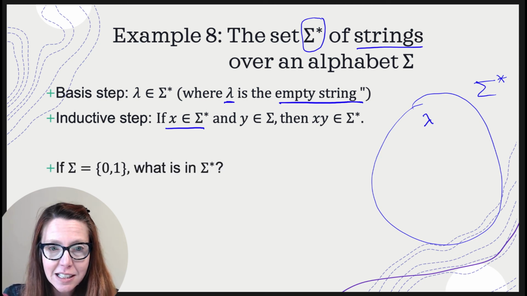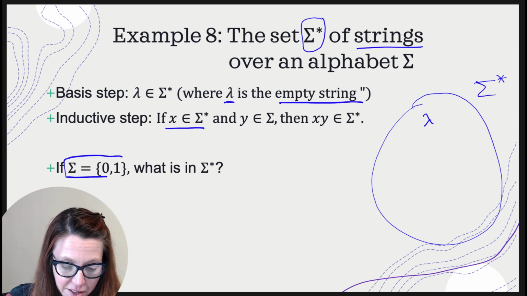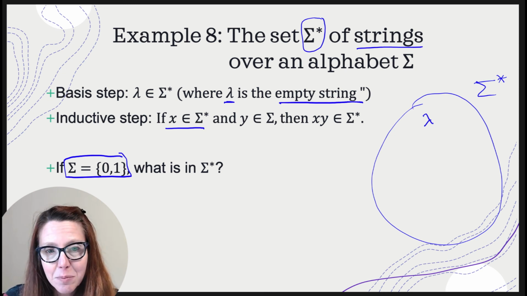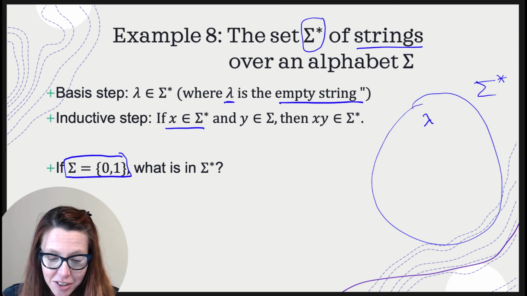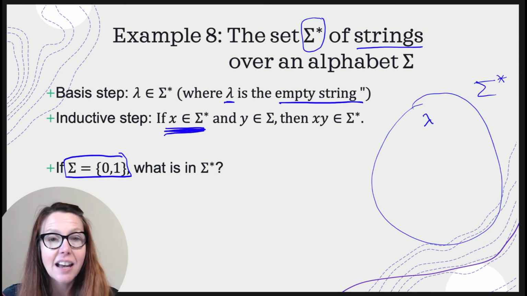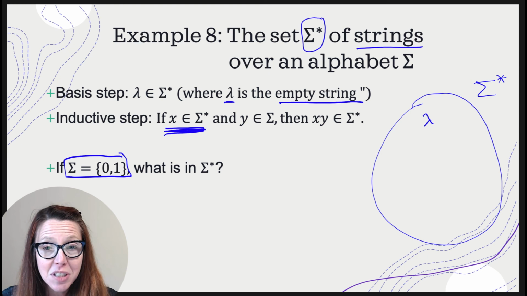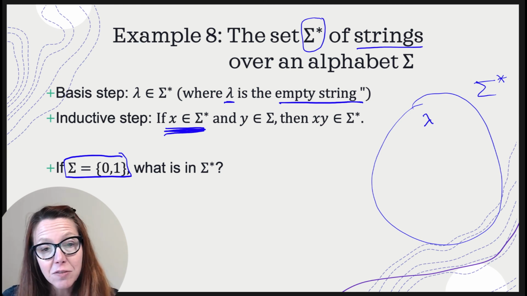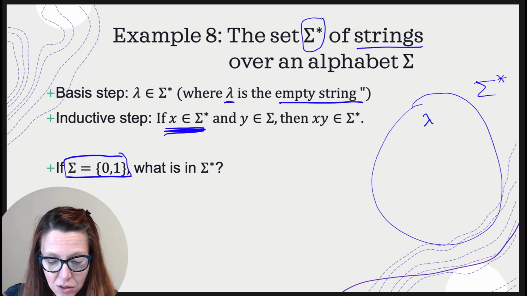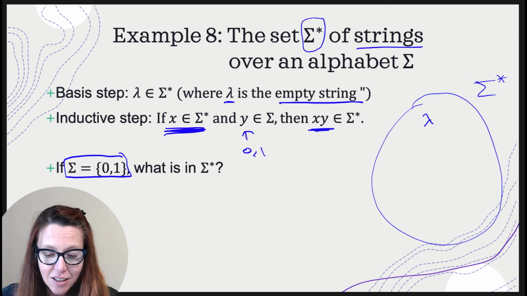So for instance, as an example, if we started with the alphabet 0, 1, what's in sigma star? We have only lambda, the empty string, in our set of strings so far. But in our alphabet, we have both 0 and 1, and so y can take on 0 or 1. On that first iteration, the only options are lambda 0 or lambda 1.